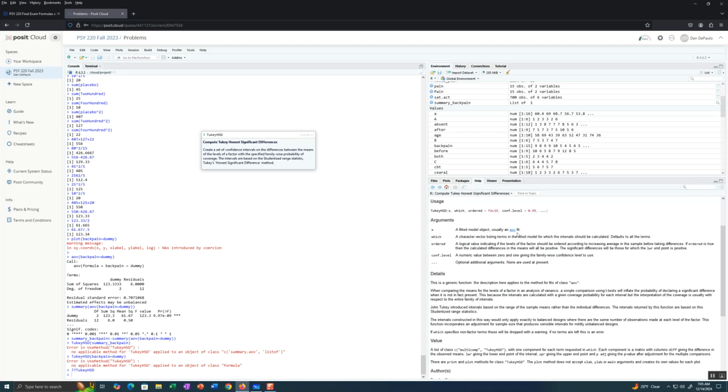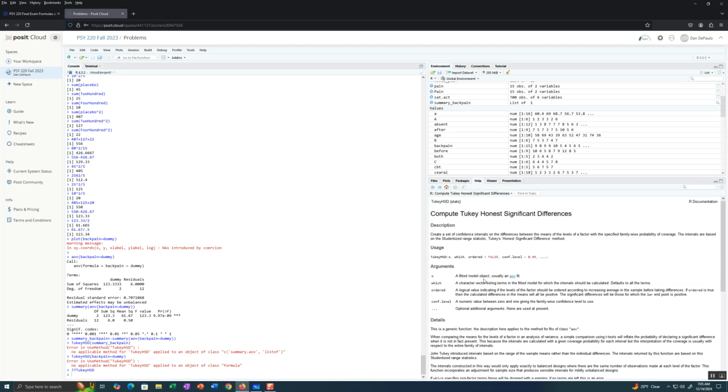It needs a fitted model object. So what I like to do is look at the syntax. If you ever want to pick up R, you look at the syntax here, and it says summary of X, which is an object, which is the outcome of AOV.